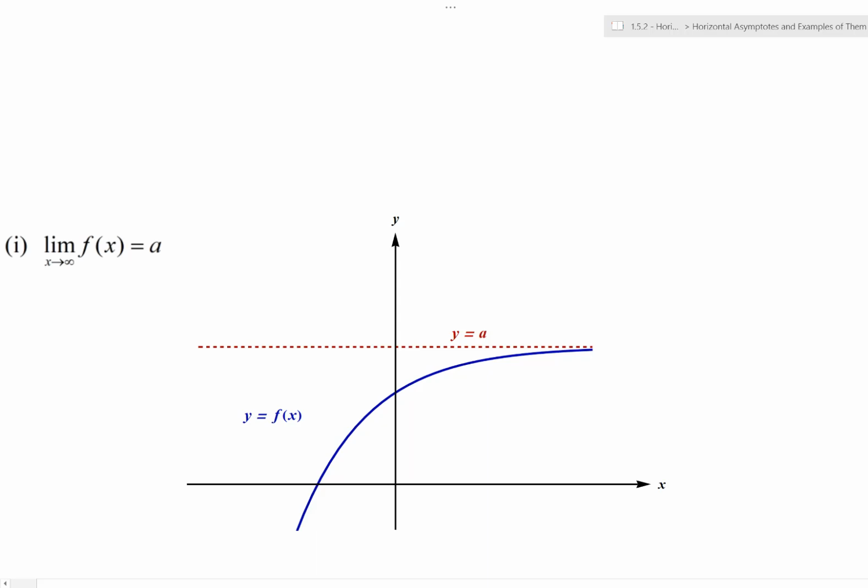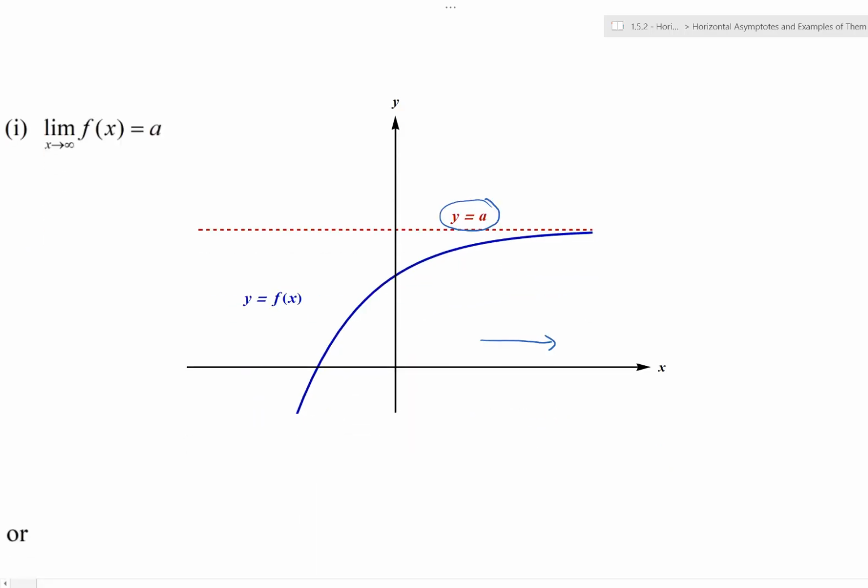So you can see in the graph given here on the screen that in this case, as x is going to infinity, the function is approaching the output value y is equal to a, and hence the limit as x goes to infinity of f of x is equal to a, and thus y equal to a, that horizontal line, it is a line, so we have to write it as an equation, is a horizontal asymptote for the function f of x.